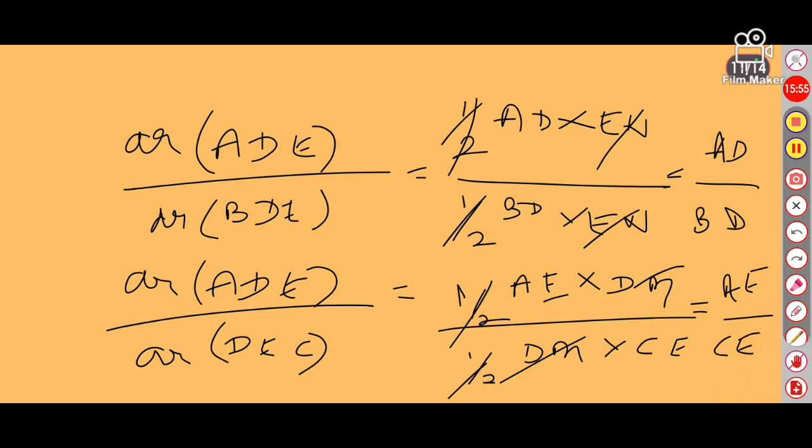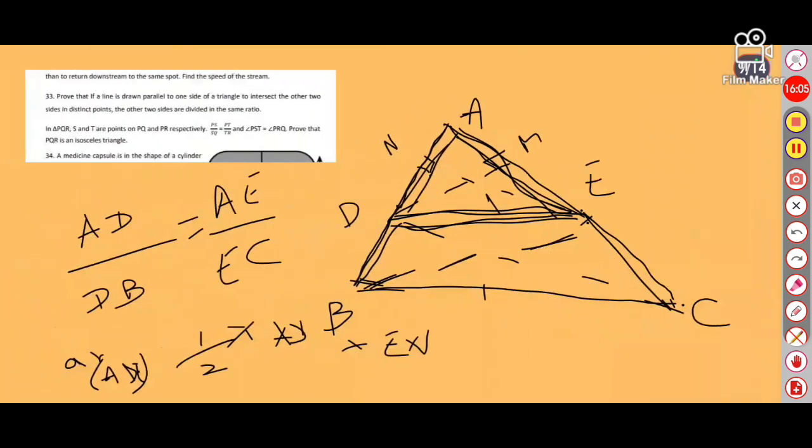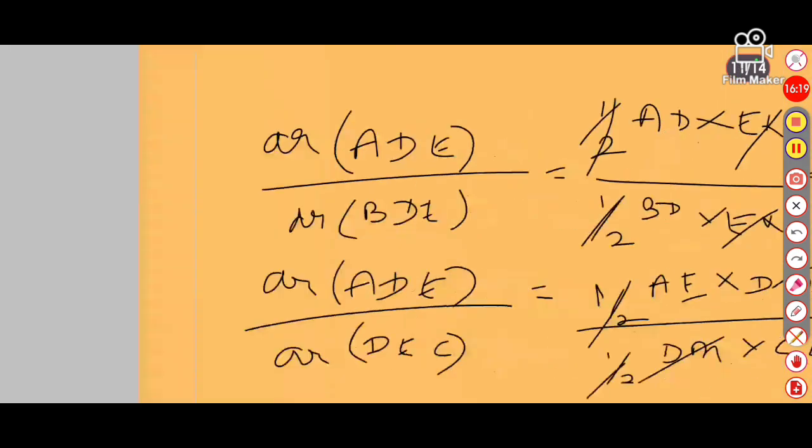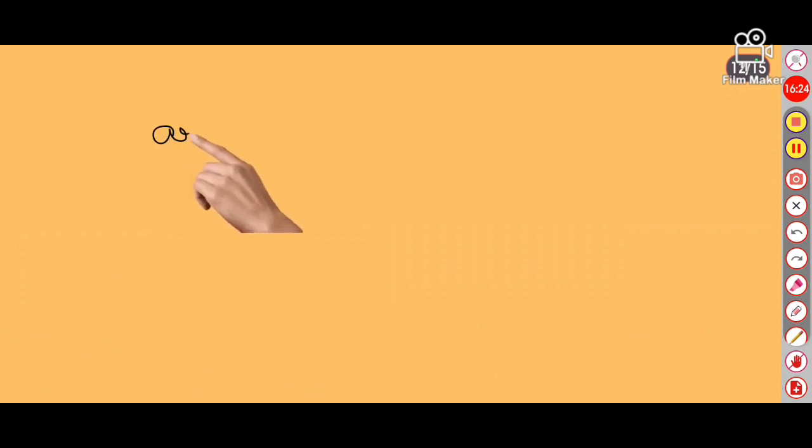Now in the diagram, triangle BDE and triangle DEC are on the same base DE. Over here BDE and DEC have the same base DE, and lie between the two parallels, that is BC and DE, right? Therefore, by the property, the area of BDE is equal to the area of DEC.